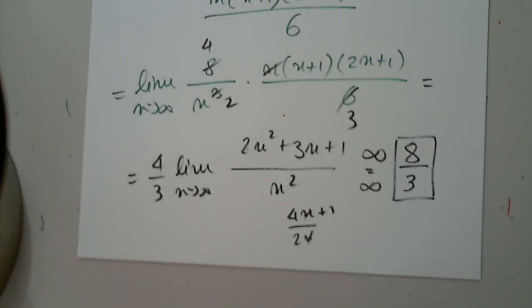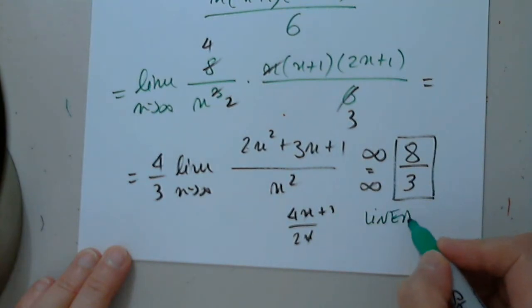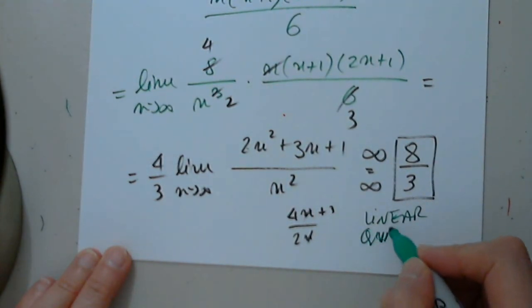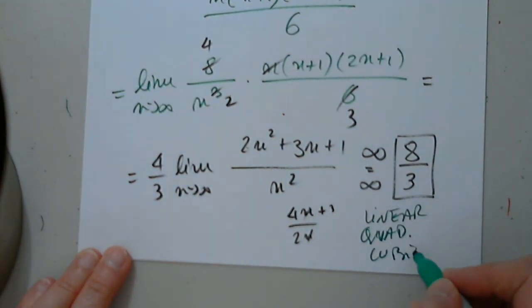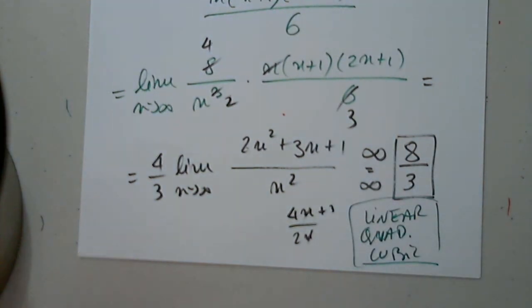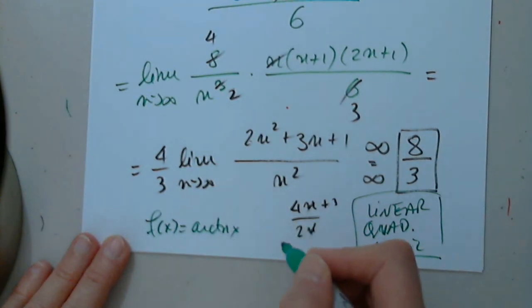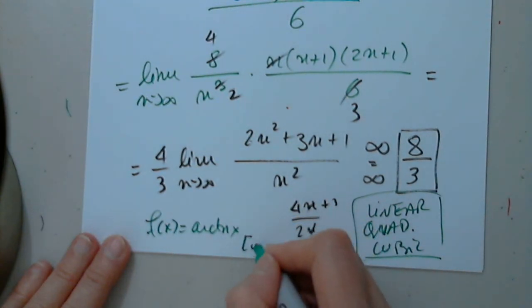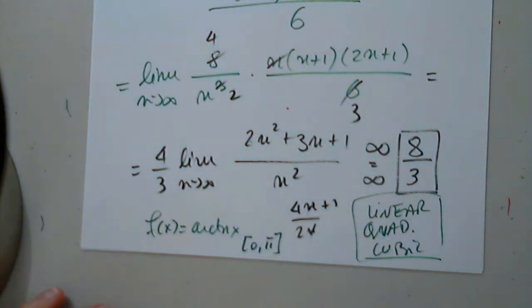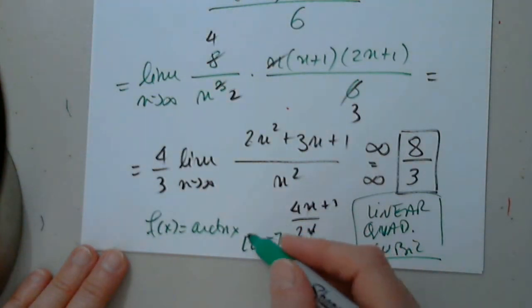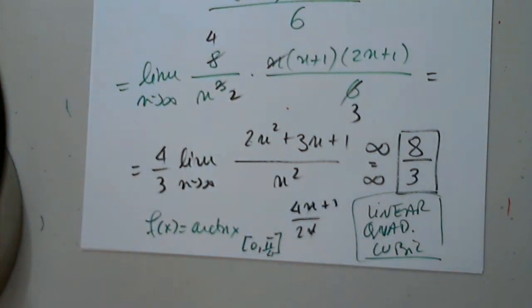You can only give me a linear function, quadratic, cubic. If you give me f of x equals arctangent x, find the area between 0 and pi, or pi over 4, I'll say sorry. I can, but not with this method.